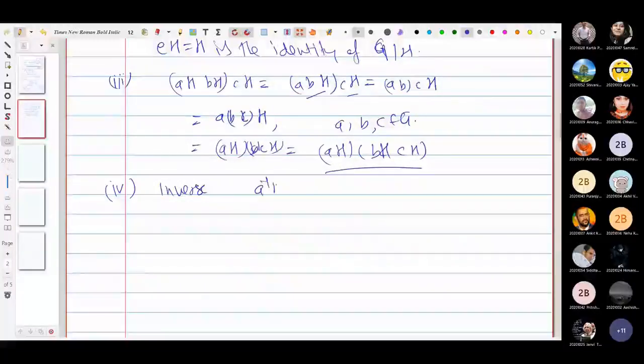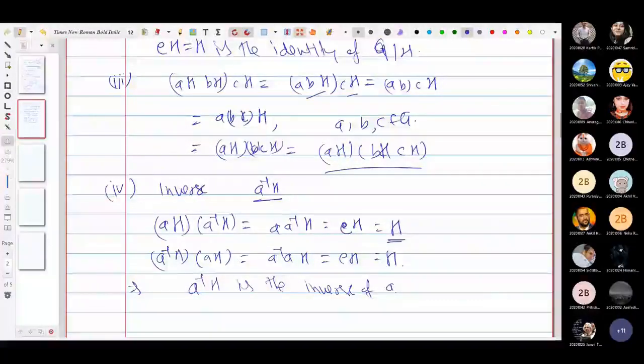You can consider A inverse H. Let us take some A H, one element, and another element A inverse H. Then A inverse H times A H gives A inverse A H, which is E H, and then H, and this is the identity of G by H. Similarly, A H times A inverse H also gives H. So this implies that A inverse H is the inverse of A H. So this completes the proof.